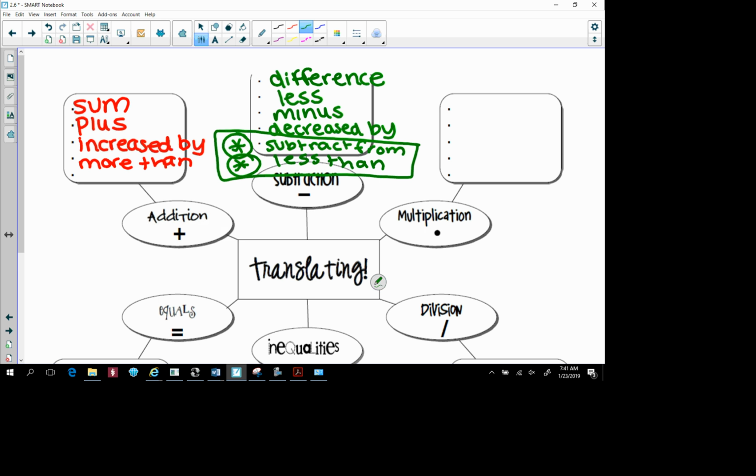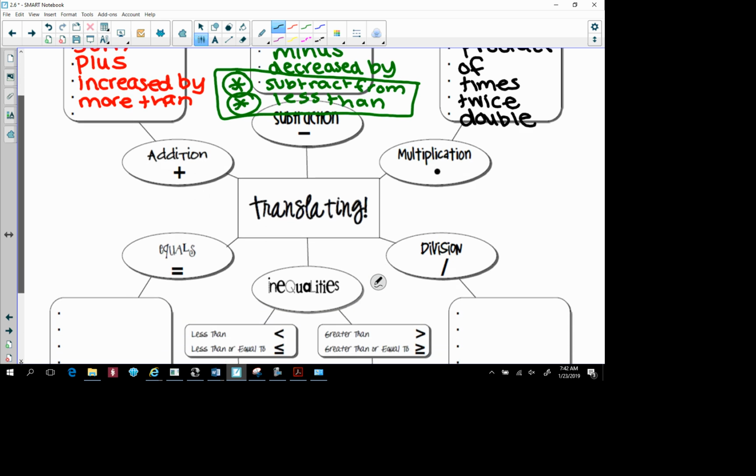All right, next one's multiply or multiplication. So product, that word of means multiply, times, twice, double. Those all mean multiplication.